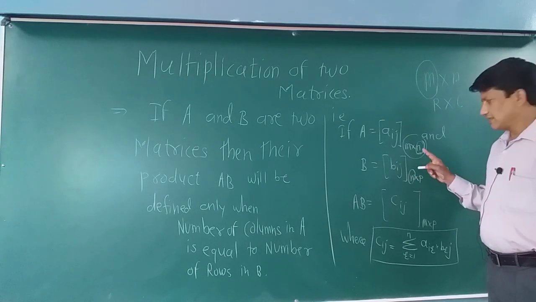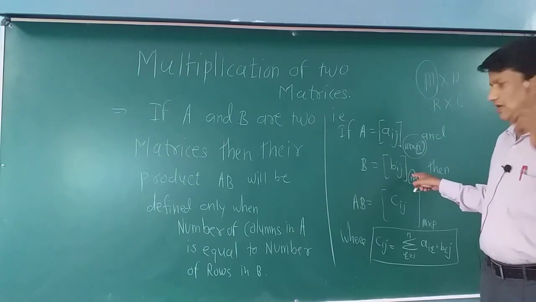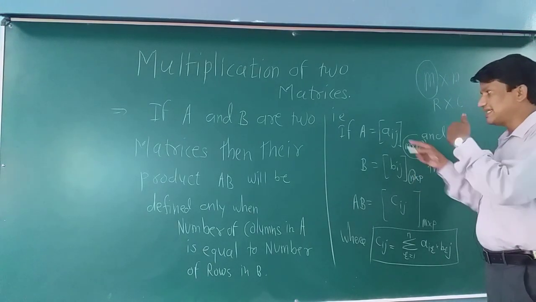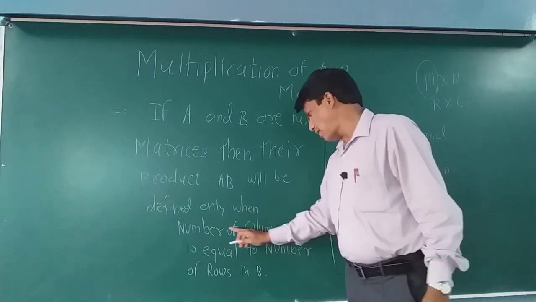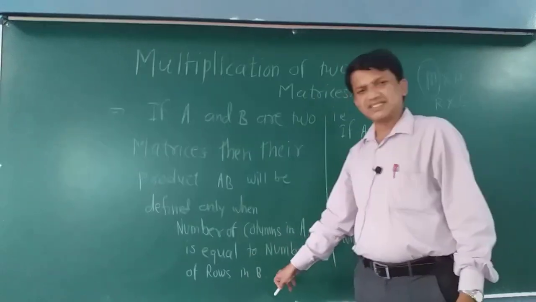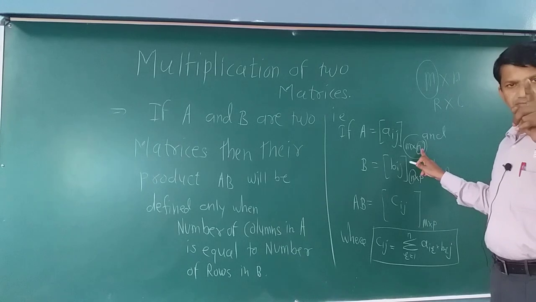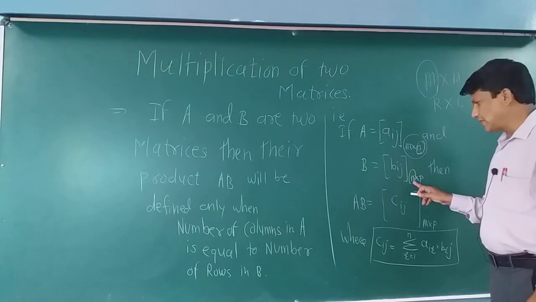Look here, this n and this n are the same, which means the number of columns in the first matrix must be equal to the number of rows in the second.